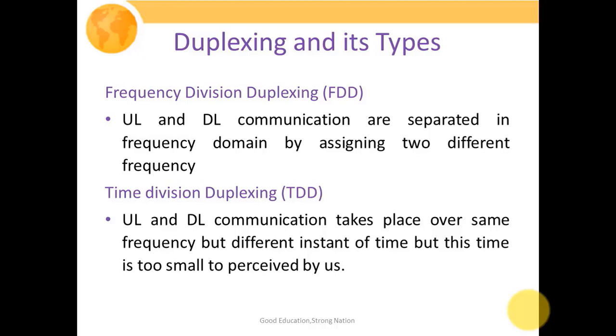In time division duplexing, we allow uplink as well as downlink over the same frequency band, but we provide different time slots for uplink and downlink, and these time slots are too small to be perceived by any user. So we just have the feeling that we are continuously transmitting as well as receiving the signal.